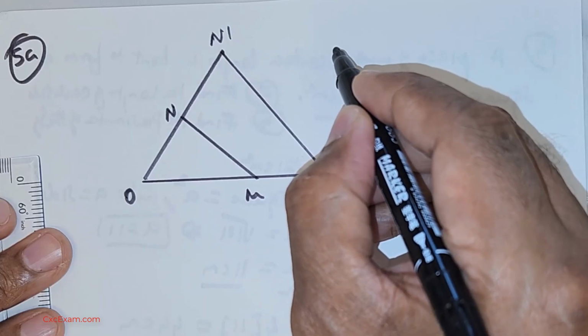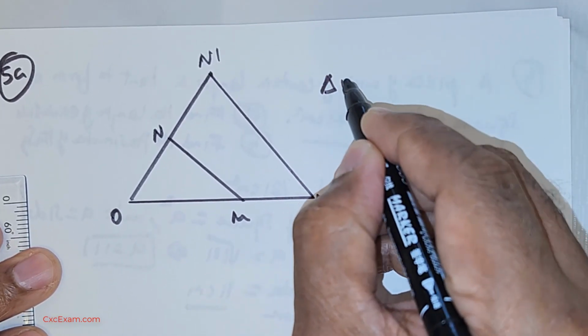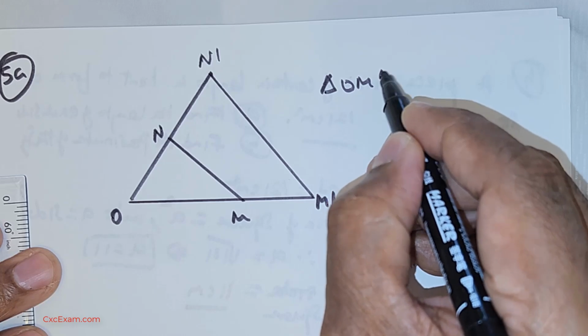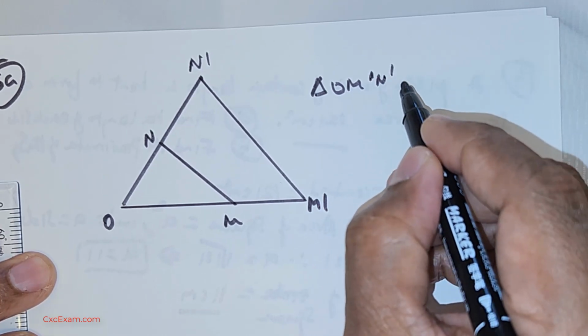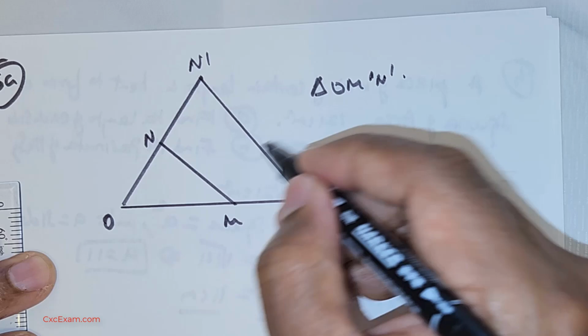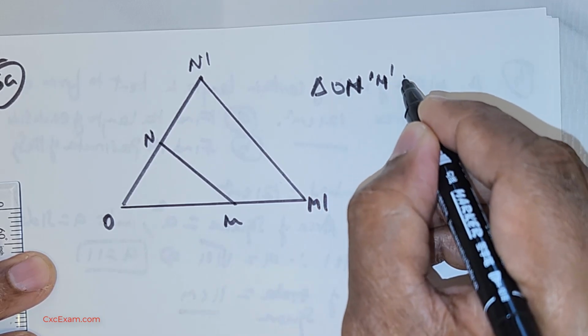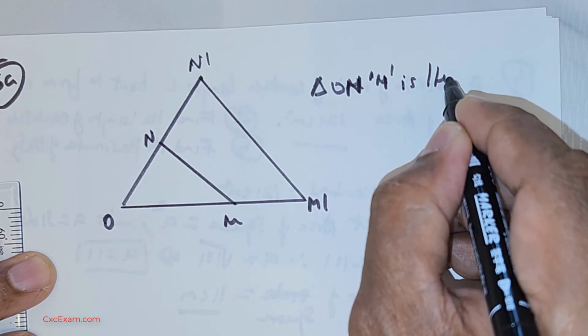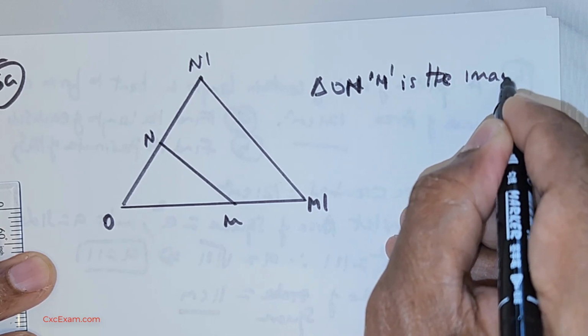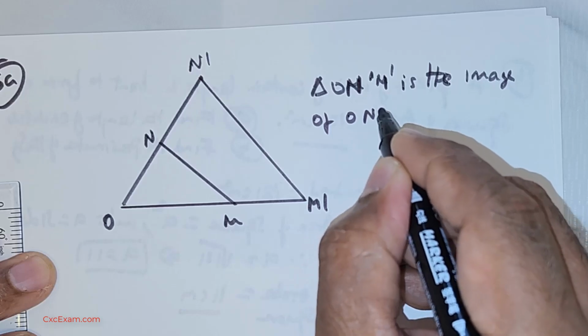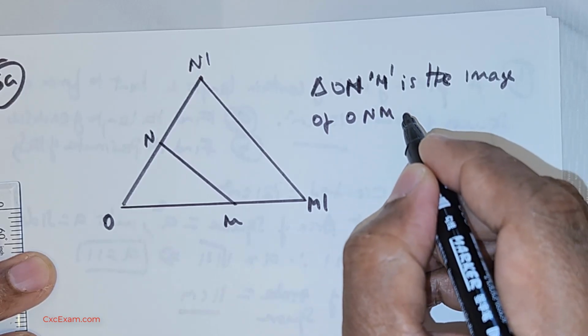So we are given that triangle O, N dash, M dash is the image of O, N, M.